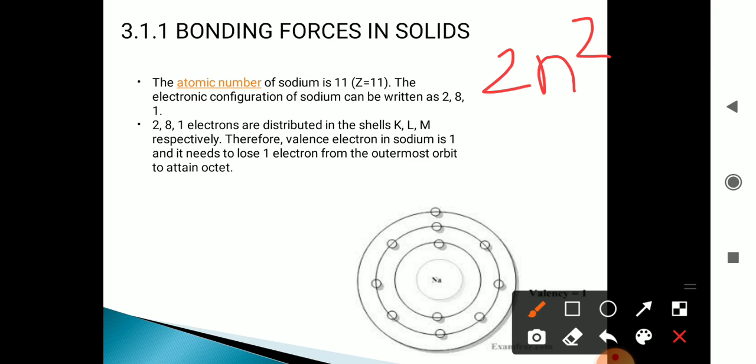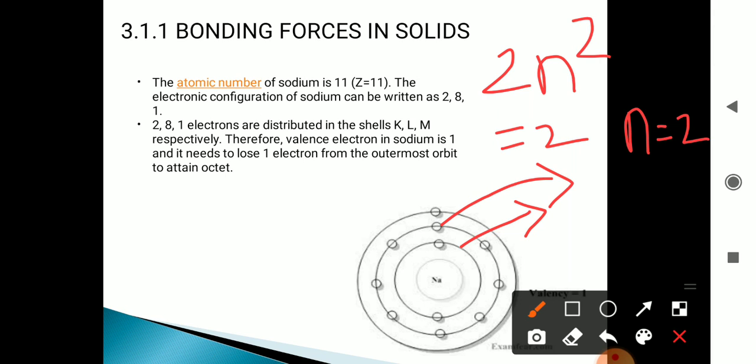If you put n equals 1, that is 2 electrons in the first orbit. If you put n equals 2 for the second orbit, that is 8 electrons in the second orbit, and finally the remaining is 8 plus 2, which is 10 now, but the atomic number is 11.